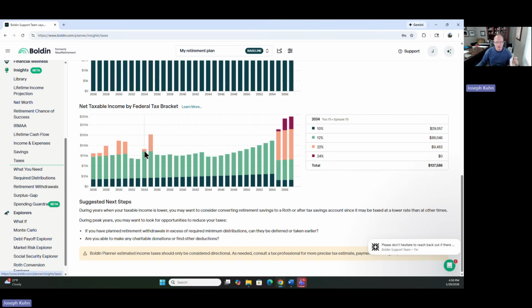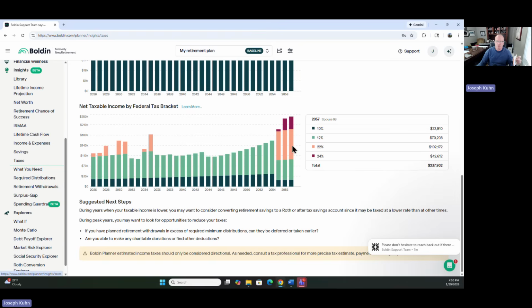And maybe, for example, this year, 2034, I pull the money out in 2033 and only pay in the 12% bracket. So it's a timing issue. Pay in the 12% bracket instead of paying a little bit later in the 22% bracket. That's a 10% difference in taxes. Big deal. And back here you'll notice this is longevity.